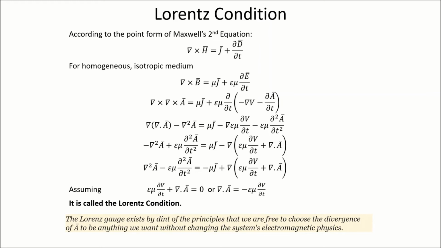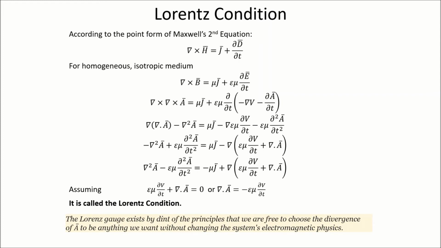This assumption is called the Lorentz condition, or the Lorentz gauge, by dint of the principle that we are free to choose the divergence of vector A to be anything we want without changing the system's electromagnetic physics.